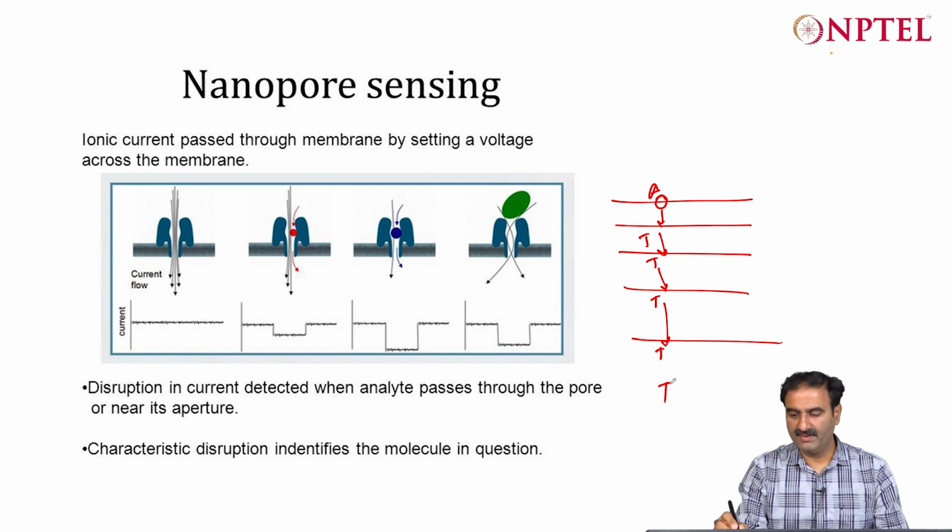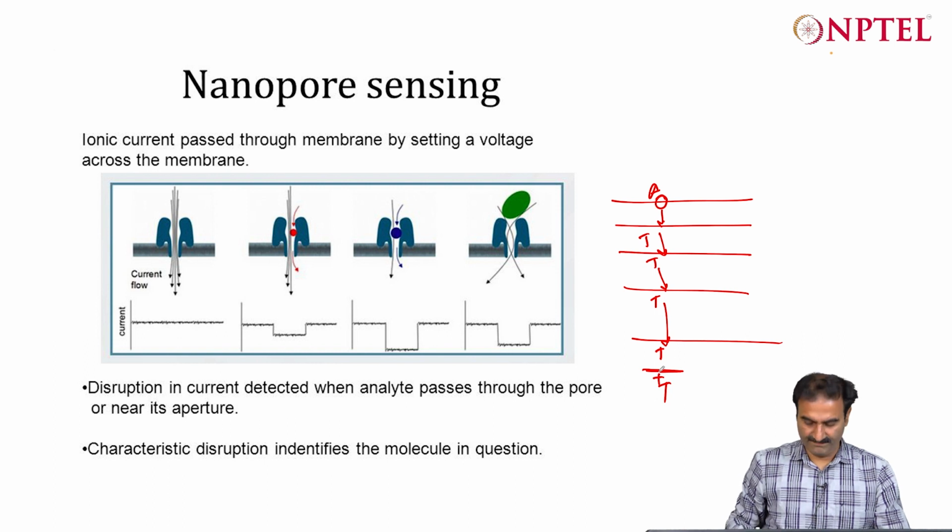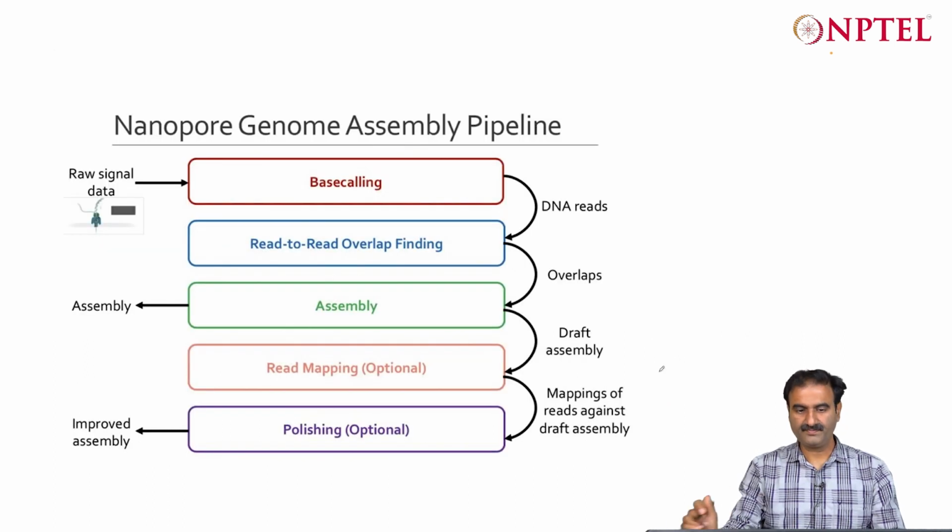If I map another smaller read in this region and I know that T was there, I can correct the error. So contiguity is much better in the case of the nanopore reads, okay.